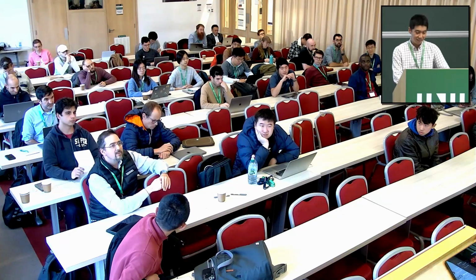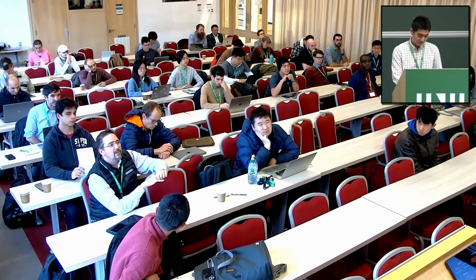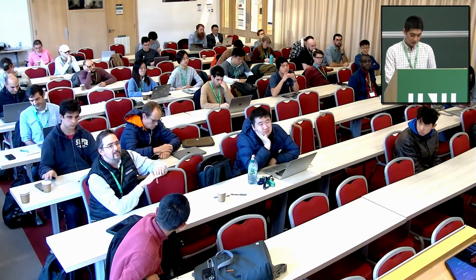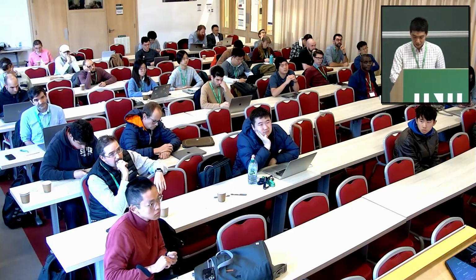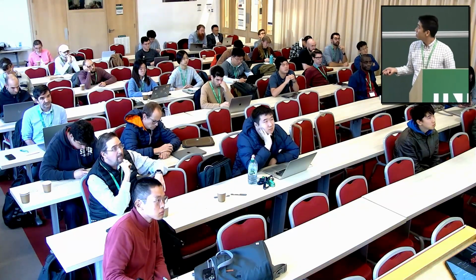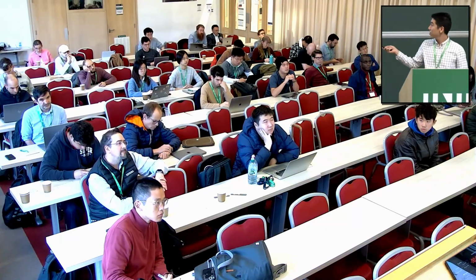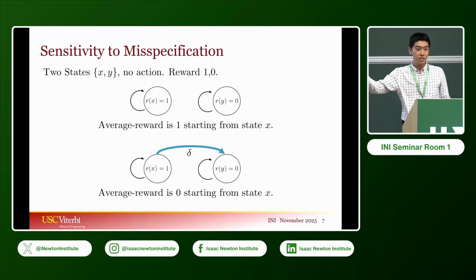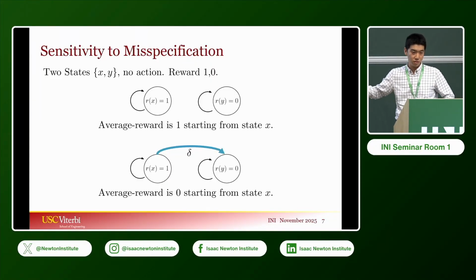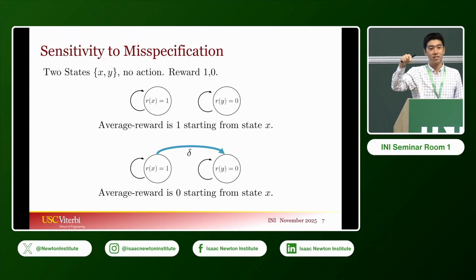Right. Exactly. So this is not continuous in delta, for example. Yes, this is exactly the intuition that I had earlier. As long as you put a delta between all the states, the adversary can take you from every state to that.